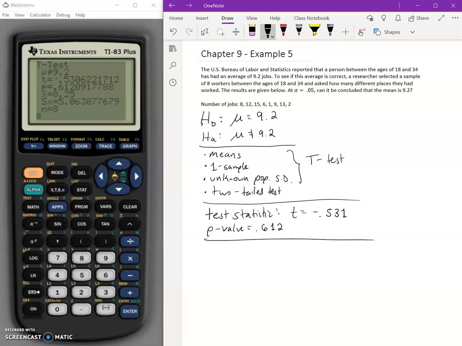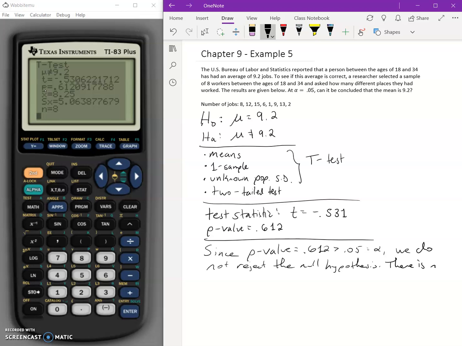So we make our final statement: since our p-value, which is equal to 0.612, is larger than 0.05, which is our alpha, we do not reject the null hypothesis.